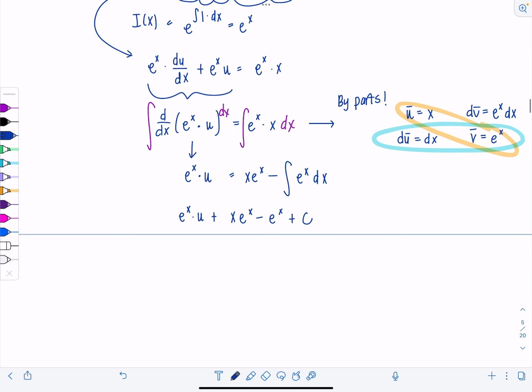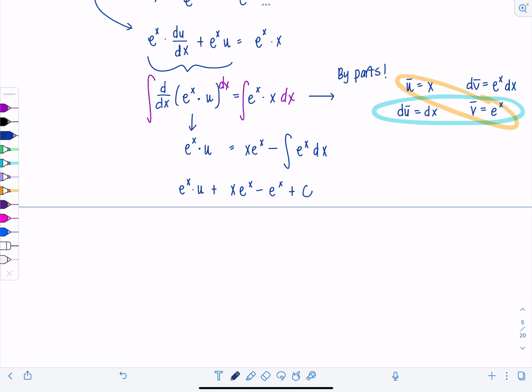Okay, now let's get u by itself. So divide everybody by e to the x. So then we have u equals x minus 1 plus c over e to the x. I'll just write it as c e to the negative x.